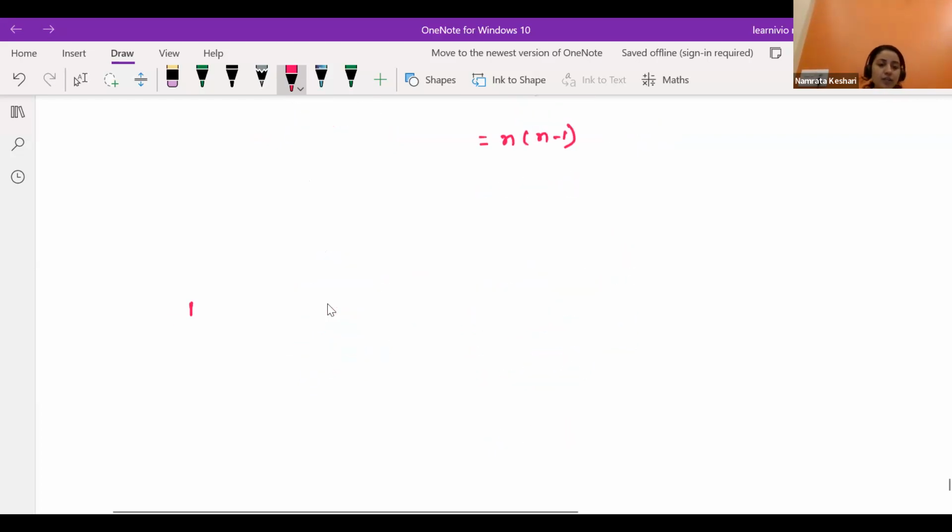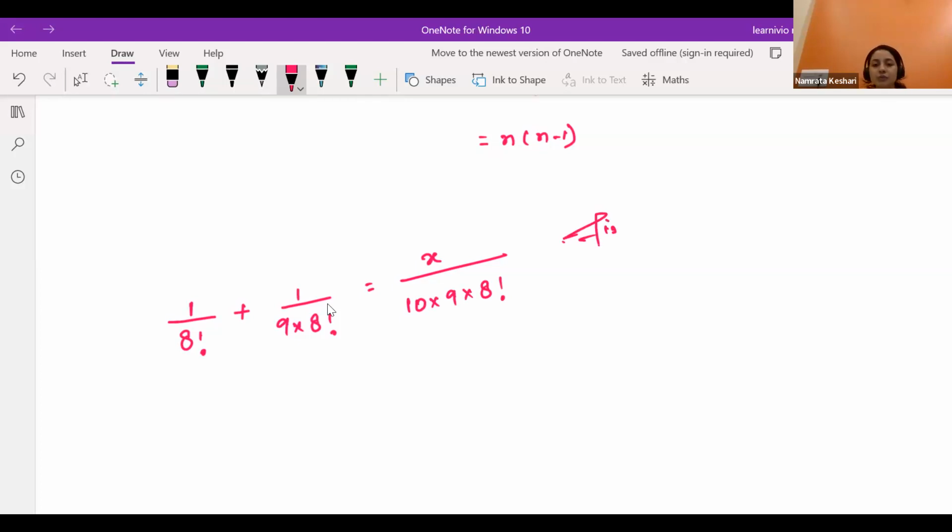If we are having 1 by 8 factorial plus 1 by 9 into 8 factorial is equal to x by 10 into 9 into 8 factorial. Let's solve it and try to find x.